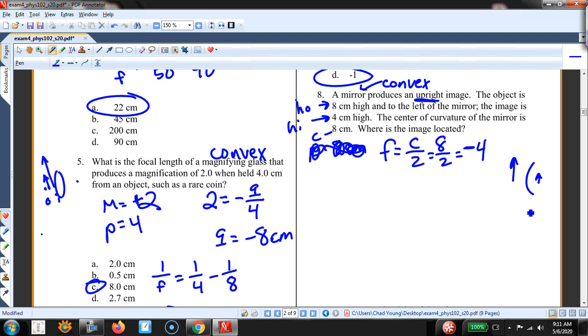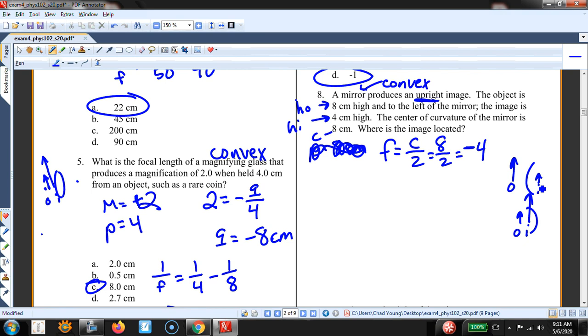But a concave mirror, if it produces an upright virtual image, the image is bigger. Here the object is big and the image is small, but with a concave mirror the image is bigger. Just knowing your ray diagrams will help you with this, so make sure you know those ray diagrams, how to make them. Focal length then is negative 4.